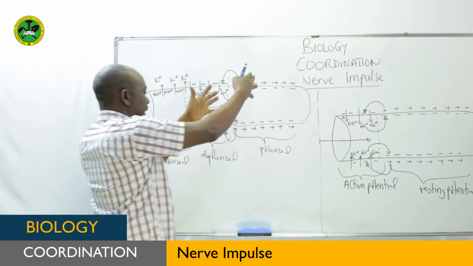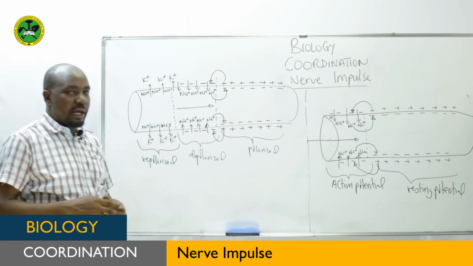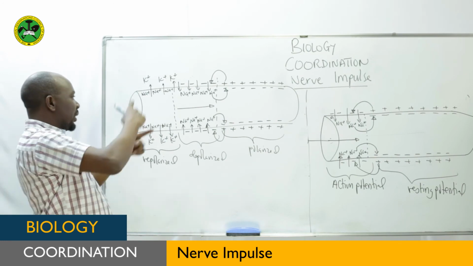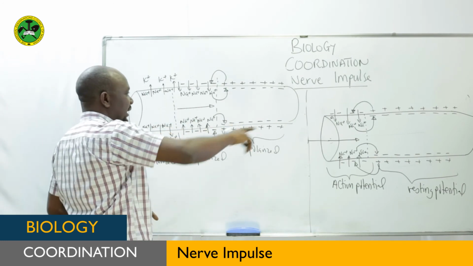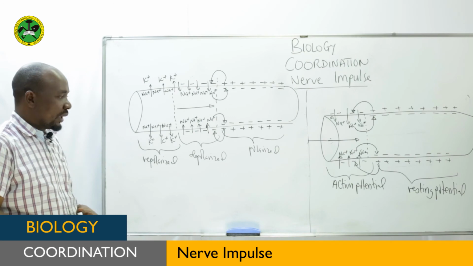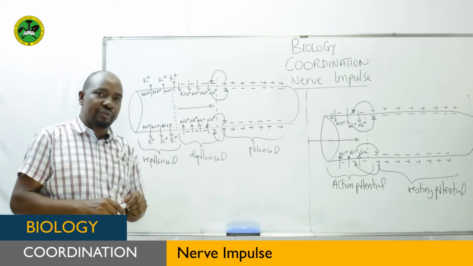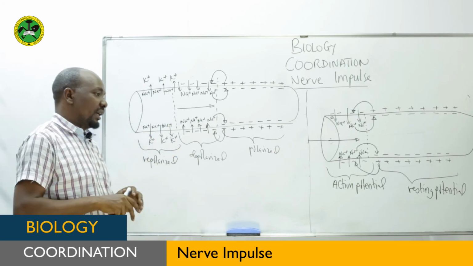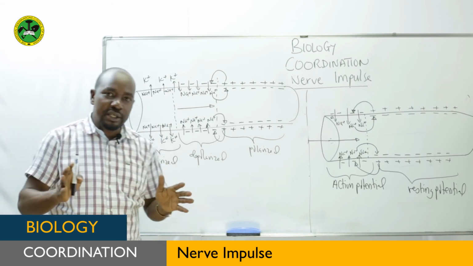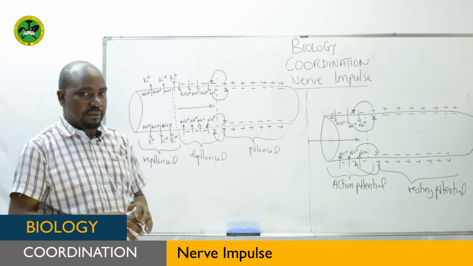And that is described as the action potential. So this will continue till the end of the axon. And this exchange of ions is very rapid. It takes place within a fraction of a second. Very rapid.